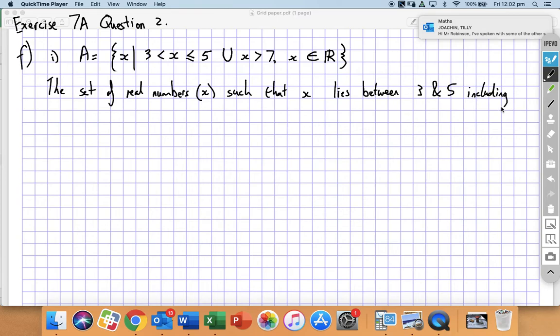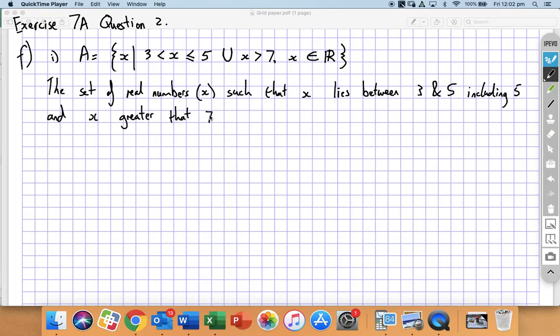It's not including 3, you could write that. As well as, or we might just say, and x is greater than 7.